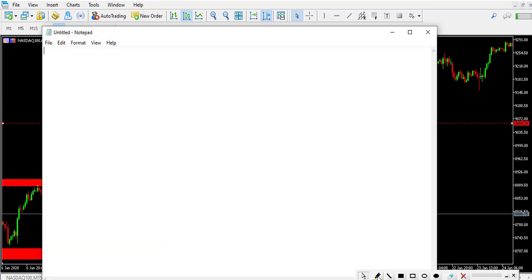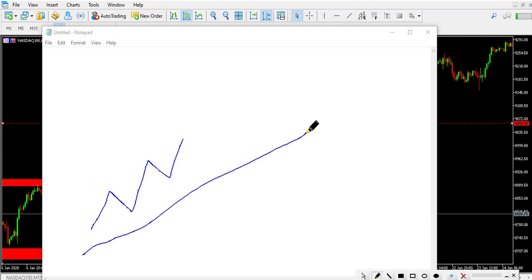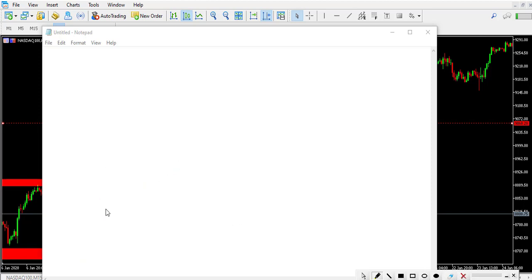Let me do a quick demonstration here. So assume this is the market structure. I'm drawing like a nursery school kid. Now this is one characteristic of an uptrend.